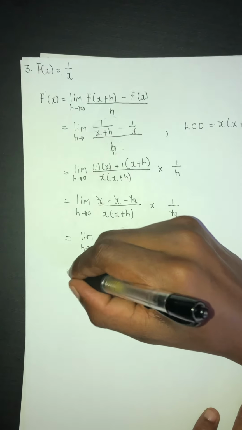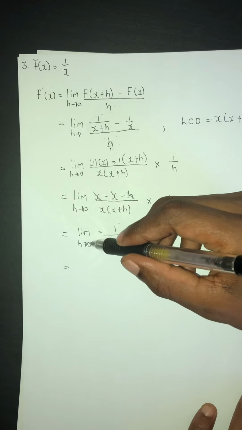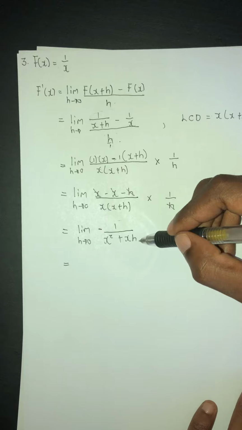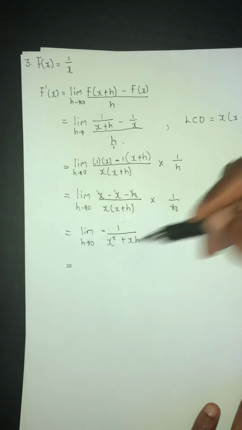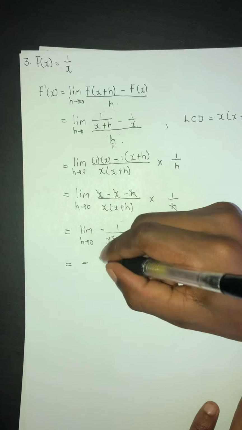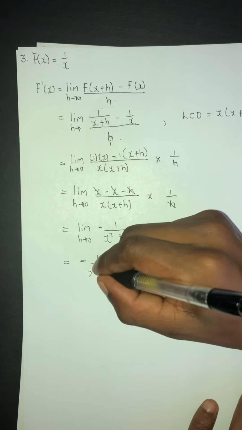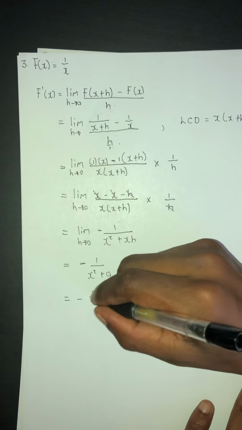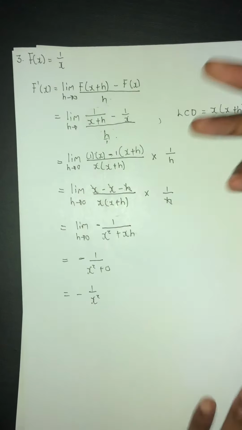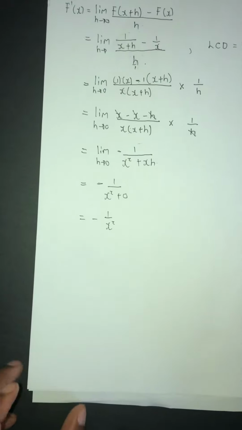So since now I can substitute my h as 0, and then the denominator doesn't become 0, then I'm allowed to do that. I have negative 1 over x squared plus 0. This will be simplified as negative 1 over x squared.